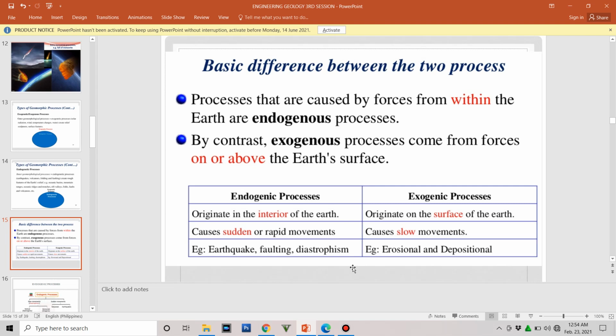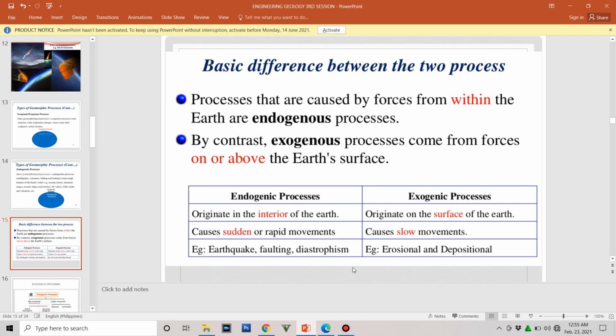So, examples of endogenetic. Kapag sudden or rapid movement, what are those endogenetic processes? So, ano ba yung mga interior phenomena? Nandyan na. Earthquake, faulting, diastrophism. So, diastrophism, ito yung faults and folds that we have actually discussed.